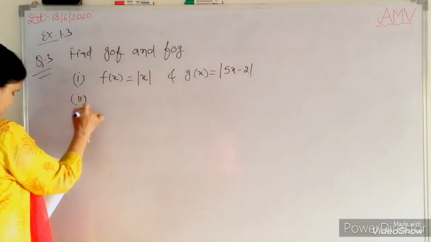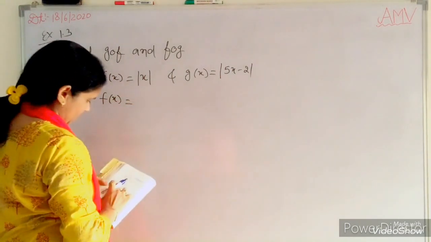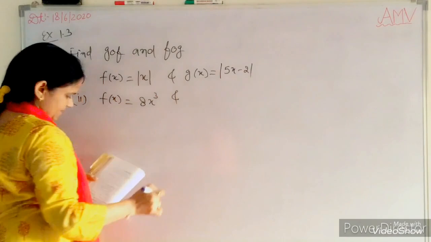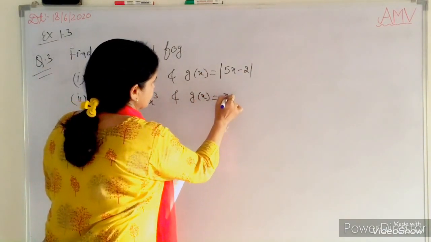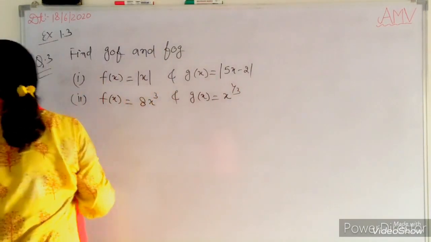The second part of this question is f(x) equal to 8x cube and g(x) is equal to x raised to 1 by 3. Now solve the question.